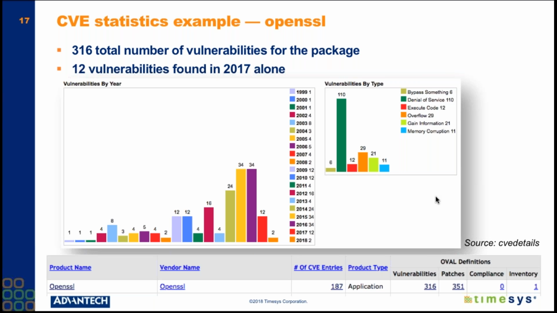And if you look at the table on this slide, there is 351 patches, so fixes to vulnerabilities that have been reported for openssl. So it's pretty active from a security perspective package in Linux, and as I said, because it's used for communication, it's quite important.